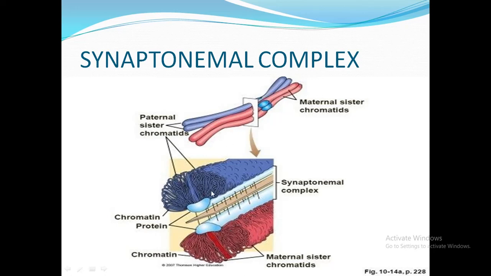During synapsis, these chromosomes are held together by a complex made up of different proteins. This complex is what we call the synaptonemal complex. So, the synaptonemal complex holds the chromosomes together during zygotene.